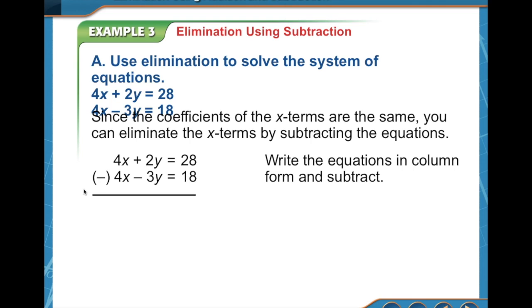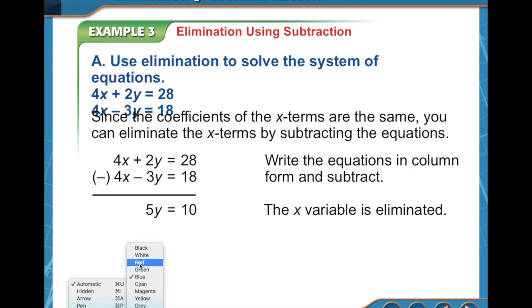The one thing that trips people up with subtraction is that we want to apply the subtraction sign to everything. We cannot just change the sign of one term and forget everything else because then you've changed the whole equation. It doesn't mean the same thing anymore. So if we're going to subtract, every sign has to change in our second equation. So if I show you that step here, I'm going to write this in here.